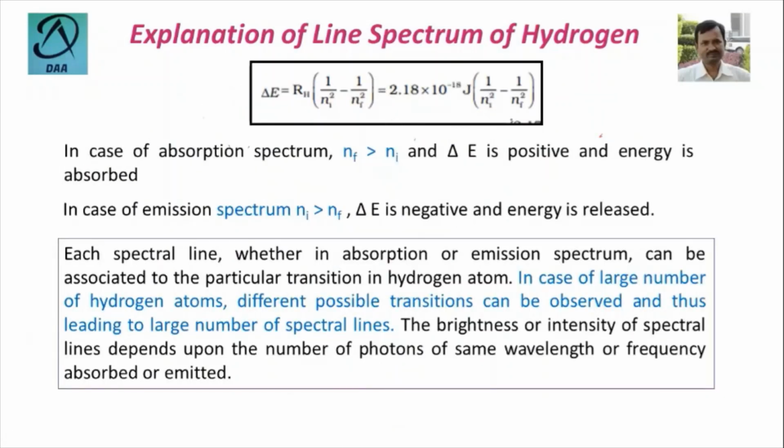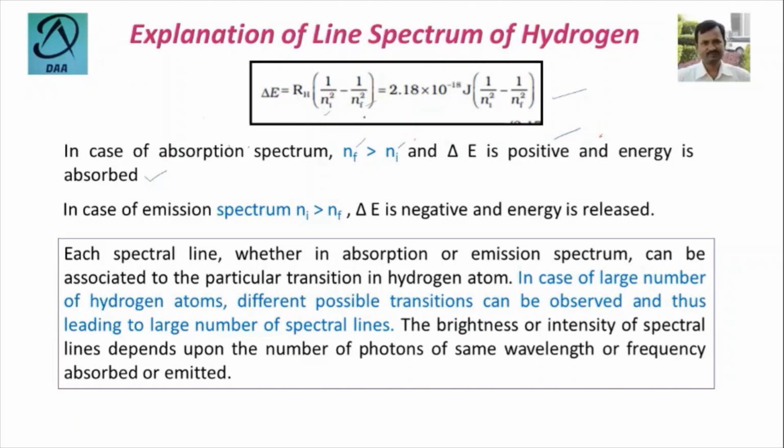We understood from this equation that when Nf is greater than Ni, the delta E is positive, and in this case the energy is absorbed.